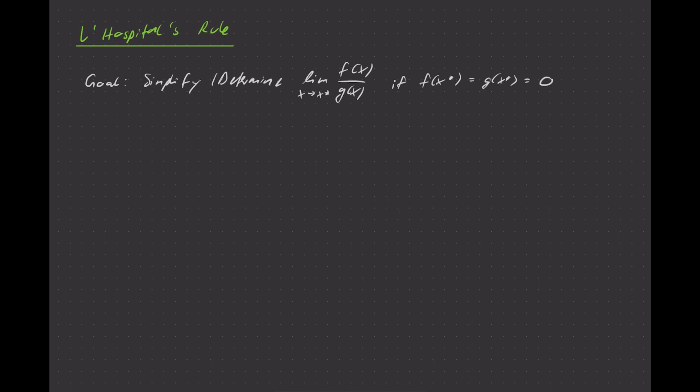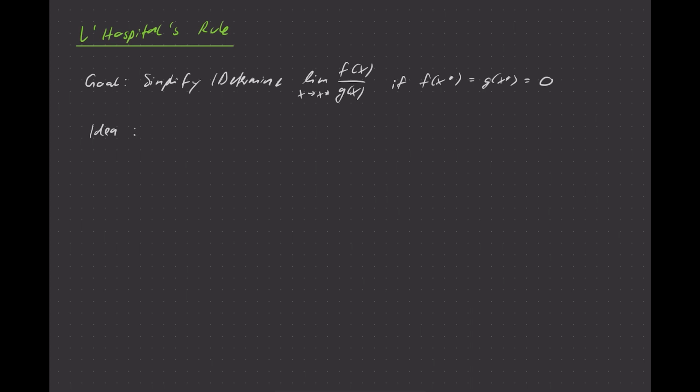Now you might know there's also a variation of L'Hopital's rule that allows for both values to be infinity or minus infinity. In the motivation, we're going to focus on that one case where both are 0. In the theorem that we're going to formulate right afterwards, of course, we'll include all possible cases. The main idea that L'Hopital's rule is based on is approximation.